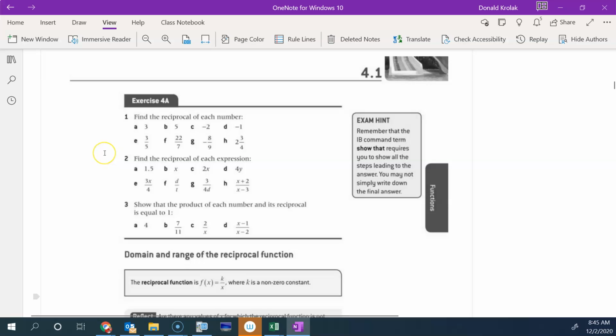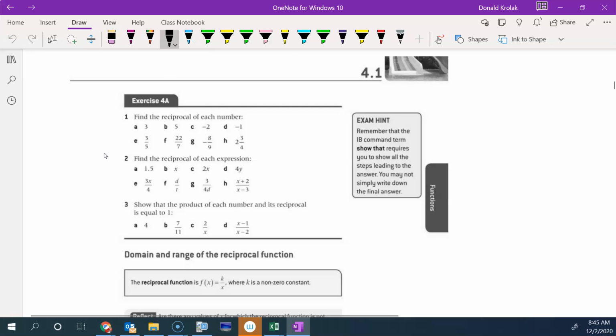and if I said, hey, what's the reciprocal of 3? Yeah, it's just 1/3, okay? So for example, E, the reciprocal of 3/5 is 5/3.